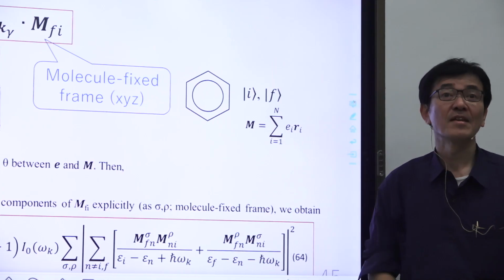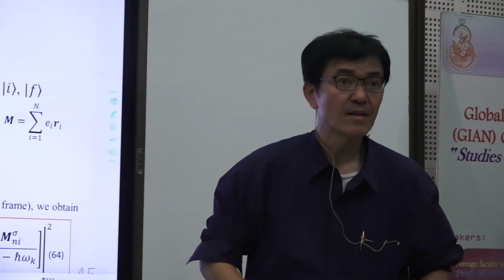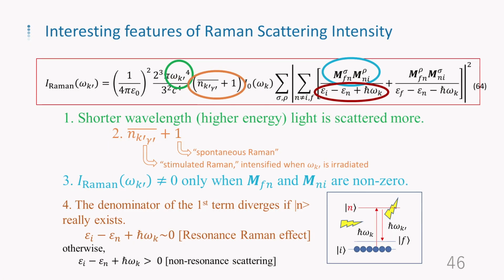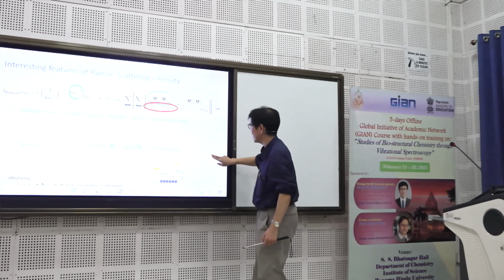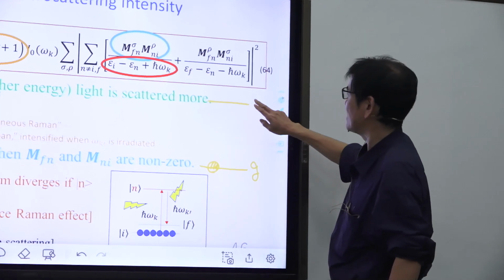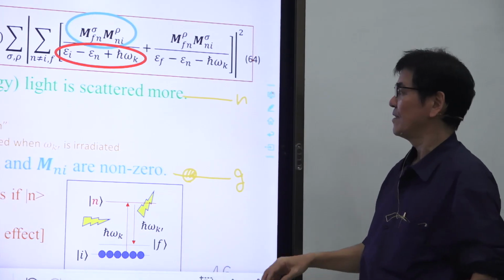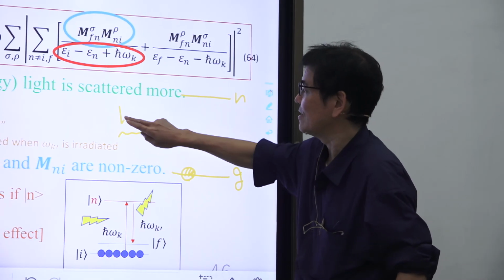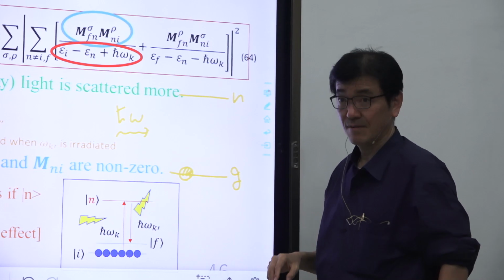Thank you. Yeah. So, can you please explain to me what is the resonance Raman effect? Okay. Resonance Raman effect. So here is the ground state, and the molecule is here. And this is the intermediate state. So light has an energy h bar omega.